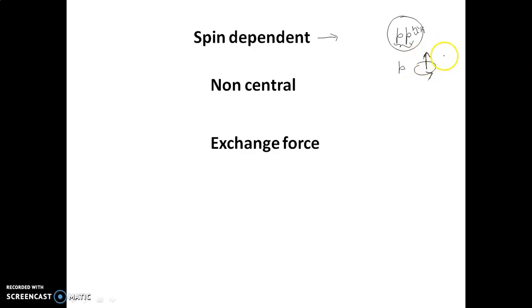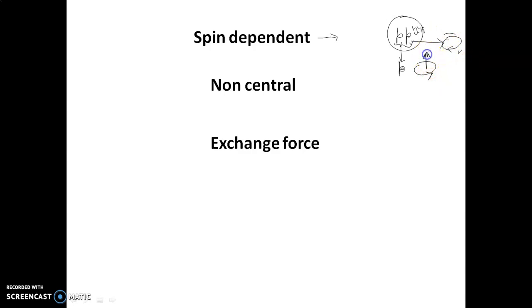So suppose a proton is moving in such a way that its spin is directed this way, and suppose I am talking about this proton, and let me consider another proton which is moving in this direction. So in this case, you see this is anti-clockwise and this is clockwise.